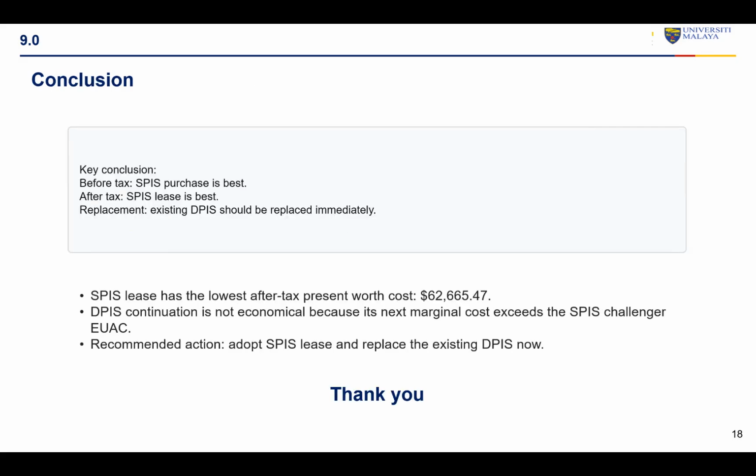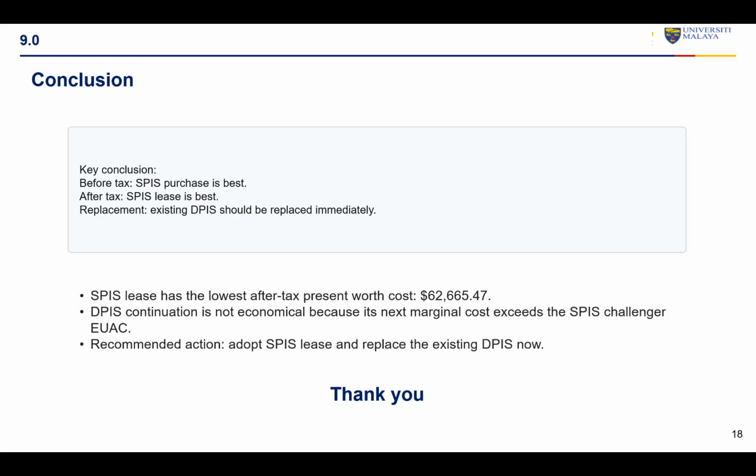So in conclusion, the Part B analysis has been completed for both the selection problem and the replacement problem. The before-tax analysis favors SPIS purchase, but the after-tax analysis favors SPIS lease, since taxes apply to the company.